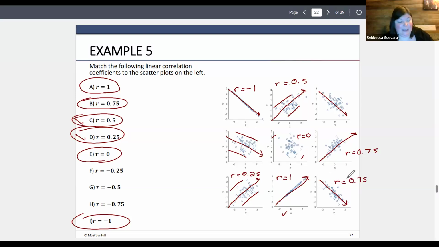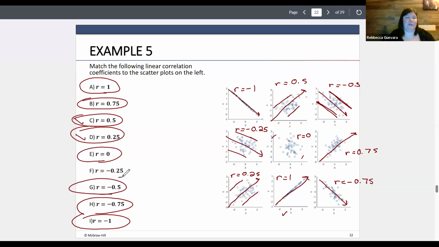So that's probably my R equals -0.75. And then out of these two, once again, which one looks like it's a little more clustered to the line? I'd say this one. This is probably my R equals -0.5. This one looks a little more spread out. This is going to be my R equals -0.25.